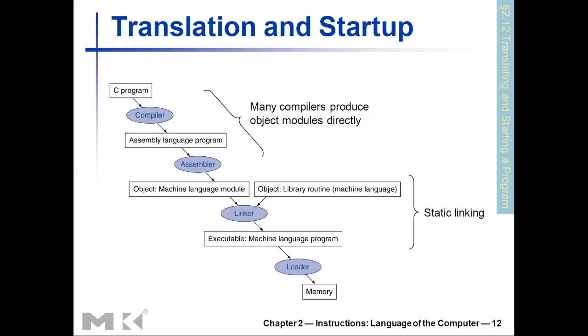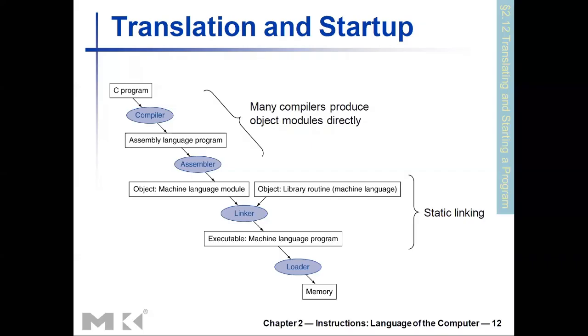And then it's sometimes not enough, because if you are using library routines or library functions like printf and scanf, you are not the one who wrote those, so you need to get the implementation of those library functions as well.